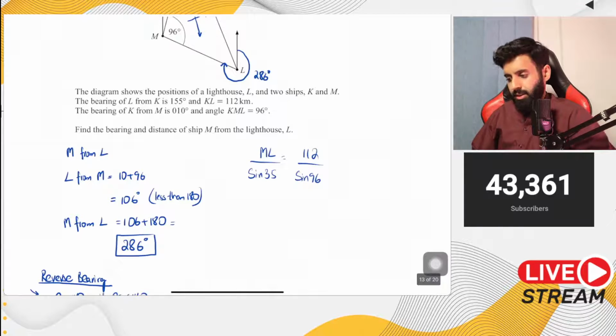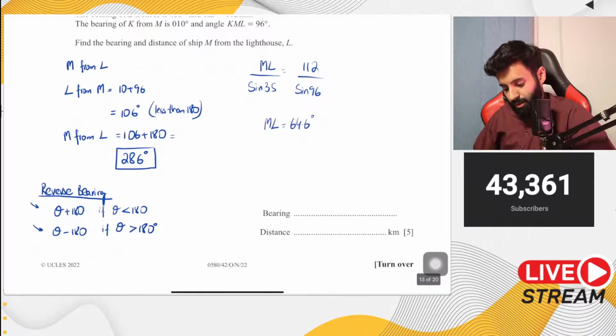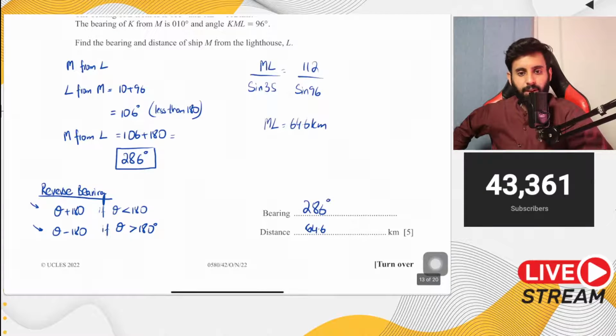Your answer is 64.59, which we're going to round to 64.6. Sorry, not degrees, 64.6 kilometers. 64.6 is this, and this is 286 degrees. There you go.